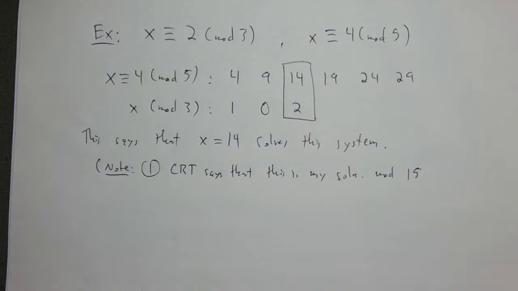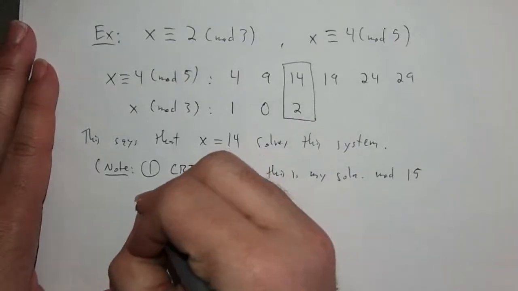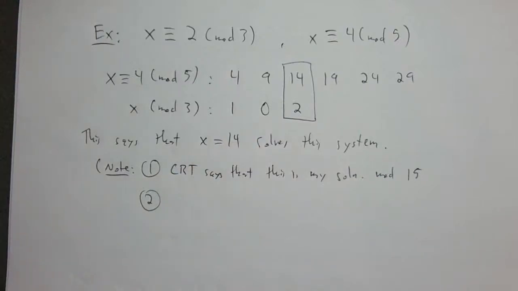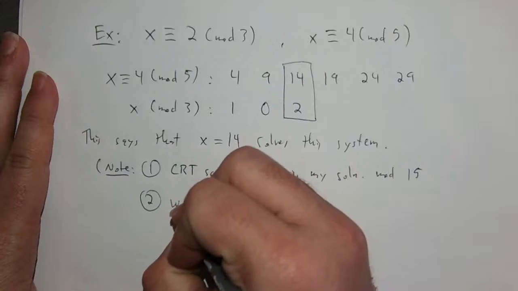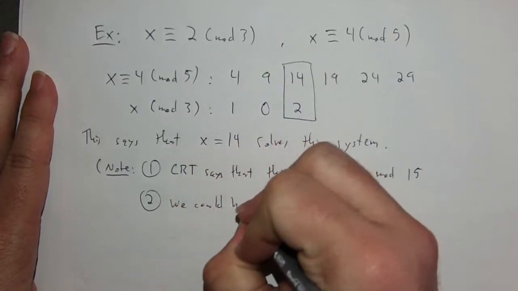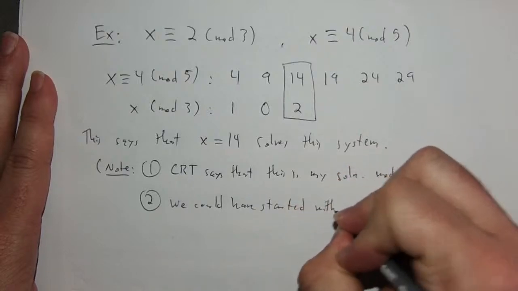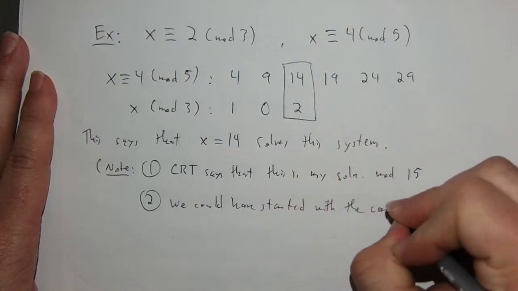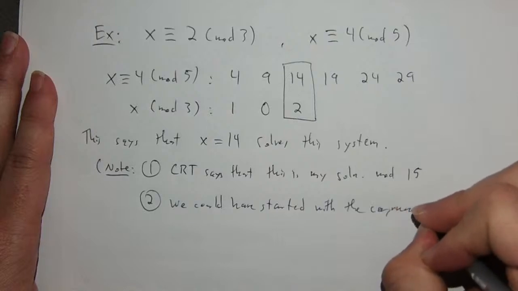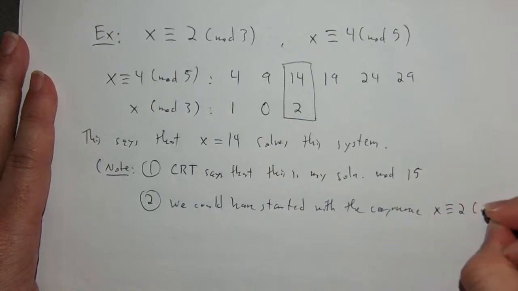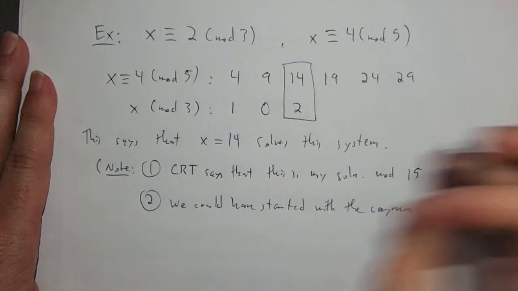This is going to be my only solution mod 15. We'll see later why this is the case. And second, we could have started with the congruence x is congruent to 2 mod 3, but it would have taken longer.